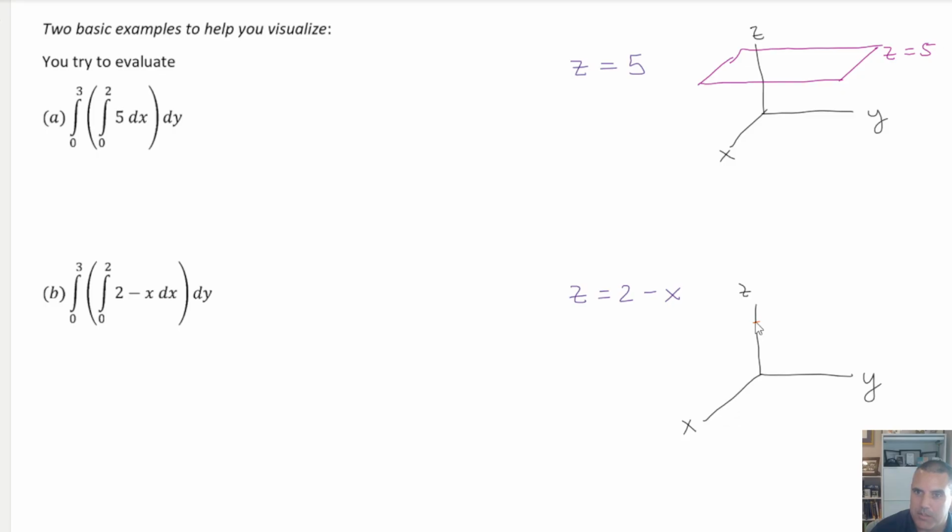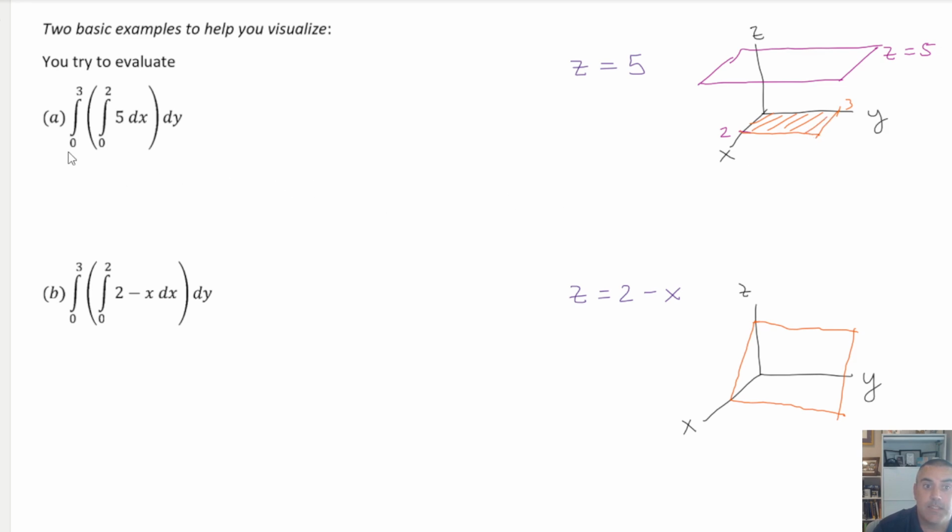When you plug in 2 for x, you get a 0, and it looks like this in 2D, and then it extends out. You could call that a line cylinder, or more accurately, it's a plane. The region on the ground is all the x's from 0 to 2, and all the y's from 0 to 3. So there's the region on the ground.